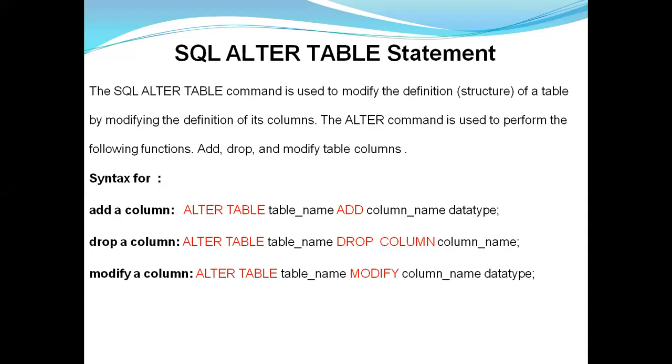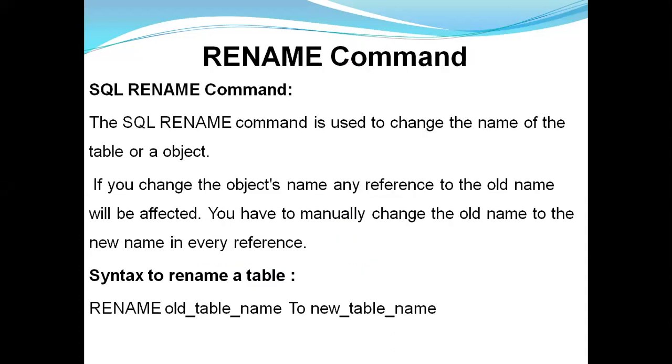Next thing is called the rename command. It is most important for the structure. I don't think you need much explanation, but what's the rename? Rename is nothing but it is used to change the name of the object. Used for changing the name of the object.